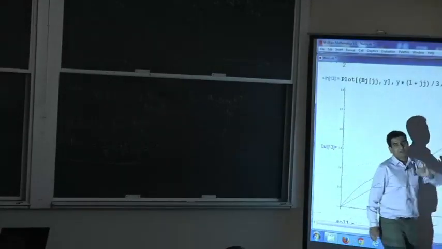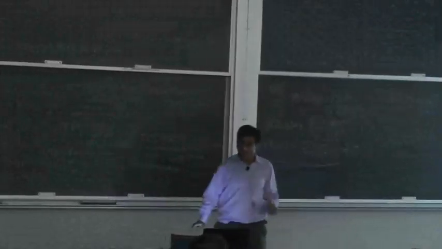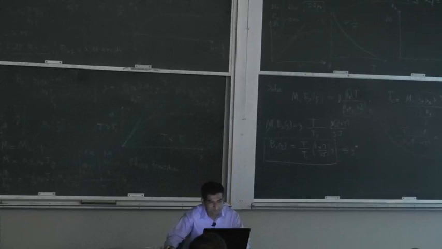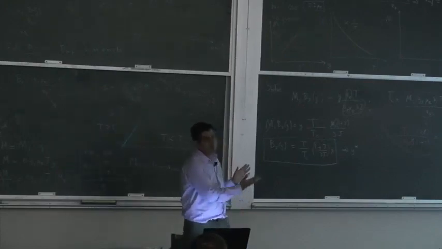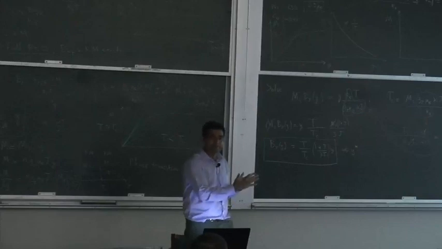I can change this temperature. This is my temperature variable. For example, if I go to even lower temperatures, look at this graph. Instead of 0.5, I plot 0.3. I will get a line which has a shallower slope, which means I'm at lower temperatures.